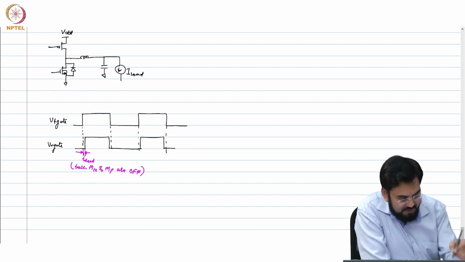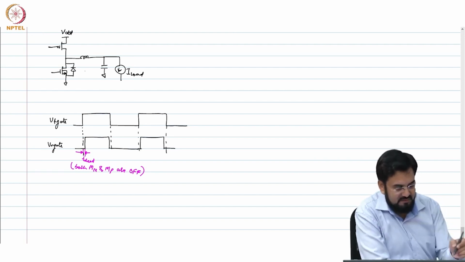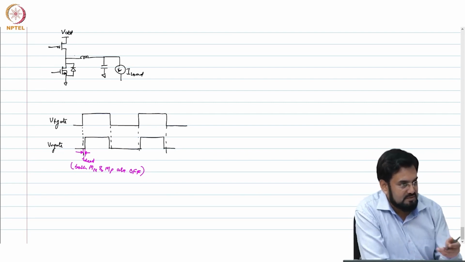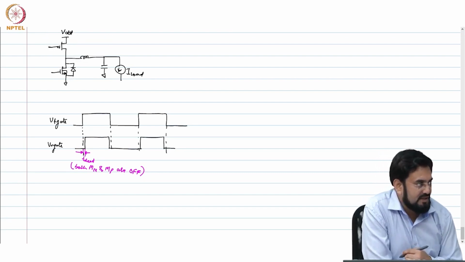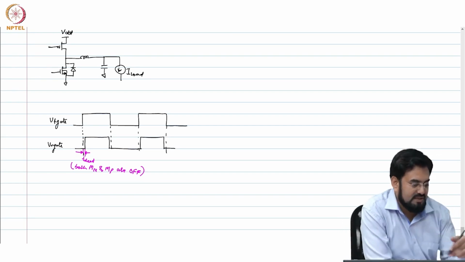So this will only go to negative. So the PMOS will have a P here, so that will always be reverse biased. That will not conduct, because current direction is going from this towards the load. So this will always be negative during that time. Okay, so that diode will not conduct.